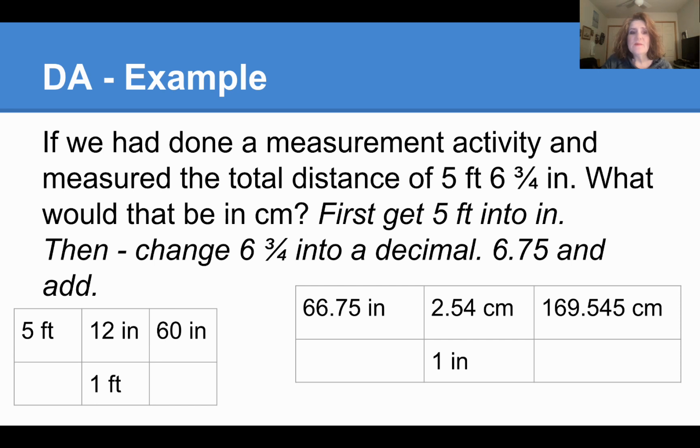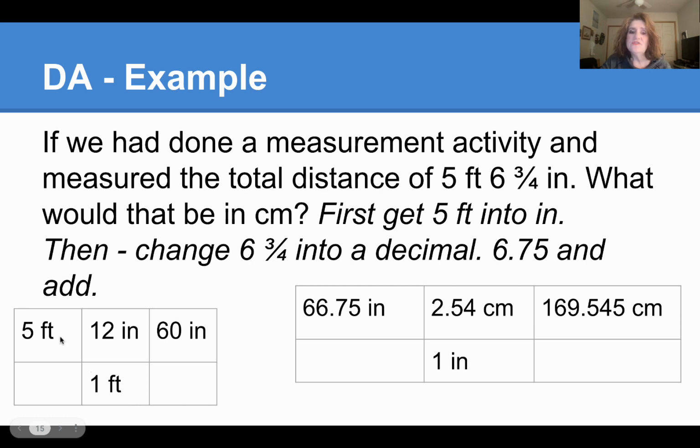So this is an example of dimensional analysis. If we had done a measurement activity where we had a total distance of 5 feet, 6 3/4 inches, what would that be in centimeters? Well, first we need to get our feet into inches. So we use a little table that shows 5 feet, and it needs to be converted into inches.